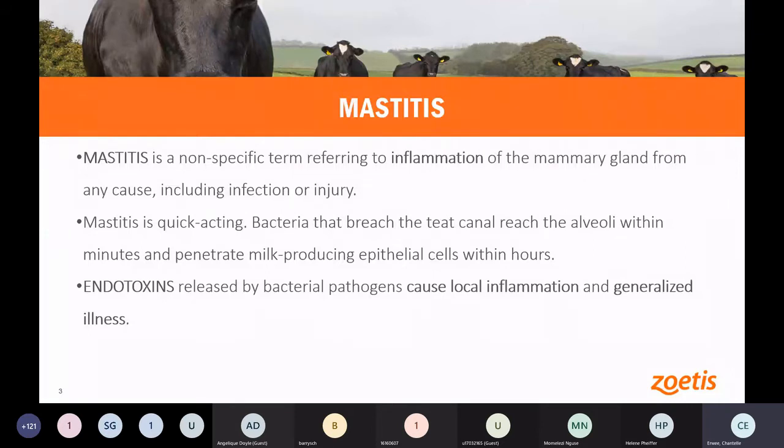And then from there, that bacteria, depending on which bacteria it is, can actually release toxins, causing even more local inflammation and sometimes even a systemic illness.